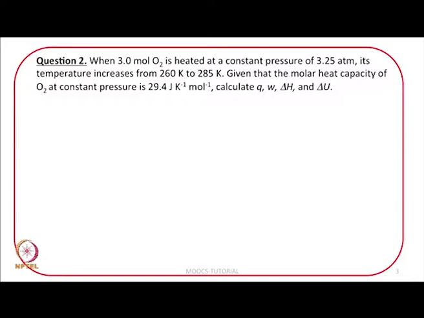Given that the molar heat capacity of oxygen at constant pressure is 29.4 joules per Kelvin per mole, calculate Q, W, delta H and delta U. And also let us assume that the oxygen gas is behaving ideally.